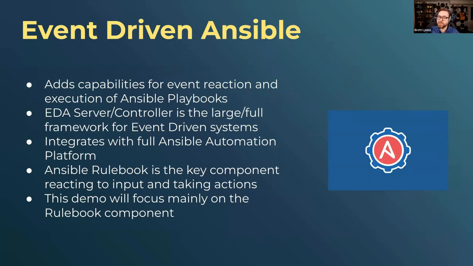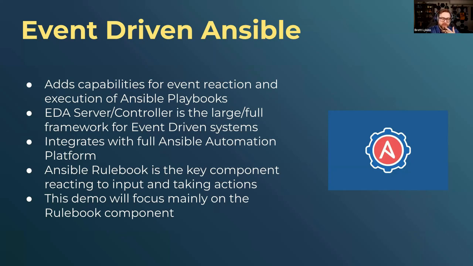So you can set up rule books, and we'll show some examples in a minute, that really dive into responding to webhook events. There's all kinds of different EDA things that are built into the collection for that. Today, we're going to focus on the webhook listener, but there are other things that it can do because there are many ways in an environment where events can get to a system like this.